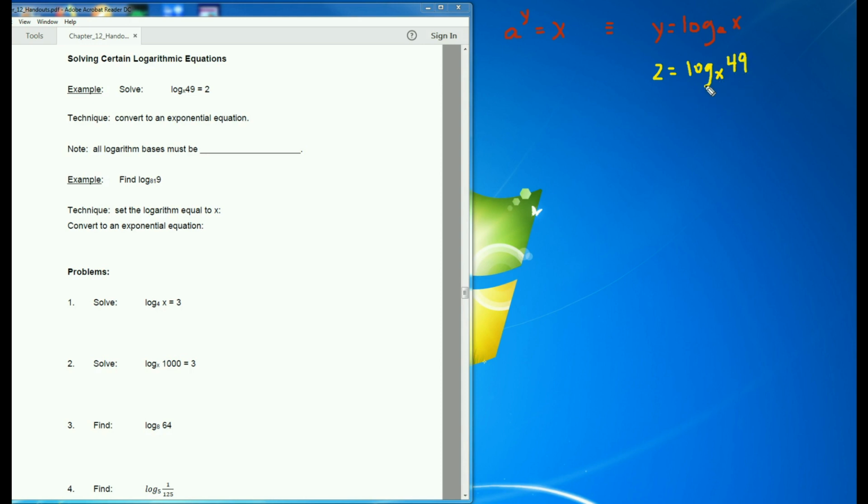All right, and then we want to convert this to an exponential equation. The base of the logarithm is x, so that's going to be the same as the base over here. And then here, the y is here, so x squared equals 49.